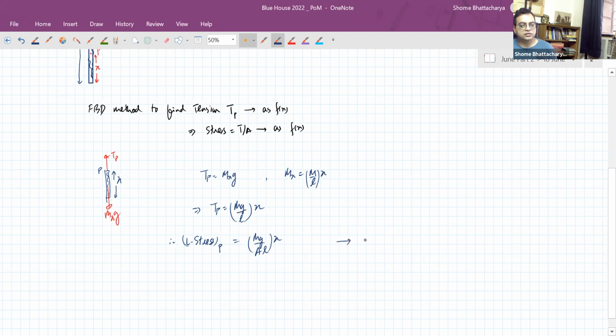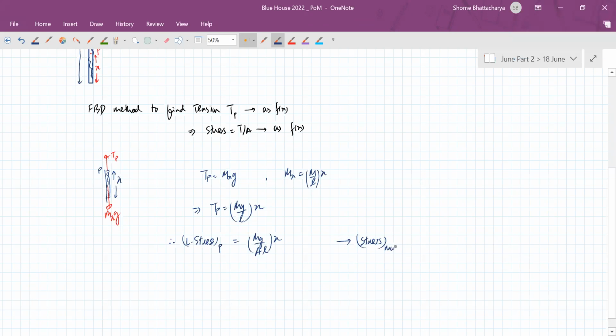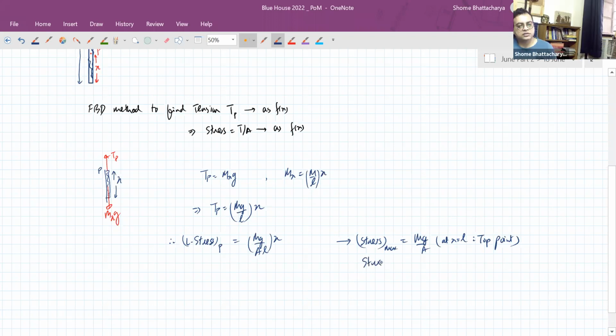You can see that stress is maximum at the top point, and stress has the minimum value of 0 at the bottom end.